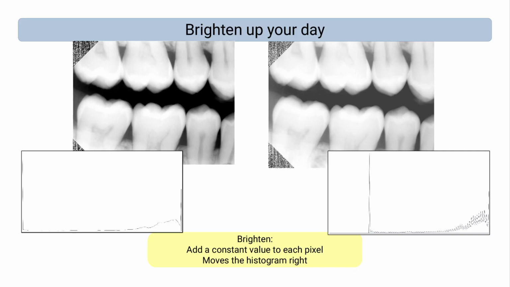If it was previously 100, then it becomes 105. That doesn't sound so useful at first until you're in a situation where you have two dark areas and you want to be able to differentiate those two areas. Brightening it up will make it easier for your eyes to differentiate between those two regions. Of course, if you brighten it up too much, then the whole image becomes white.